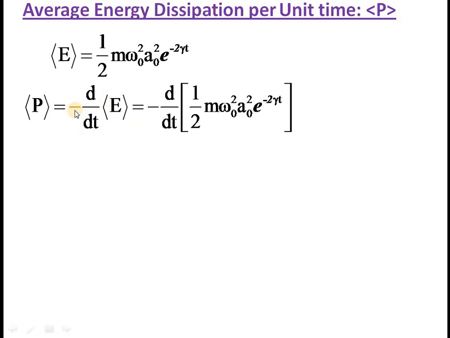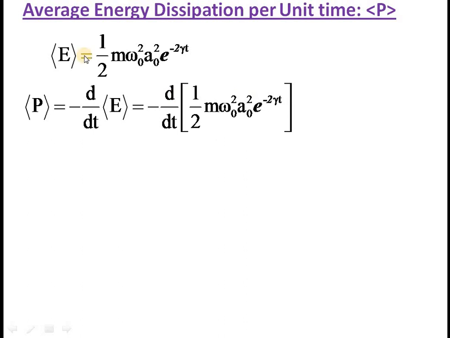So rate of loss of energy is just like saying deceleration. Rate of decrease of velocity we call deceleration. Similarly, time rate of decrease of total average energy, we call it dissipation per unit time. Because for damped oscillation, energy should be lost.